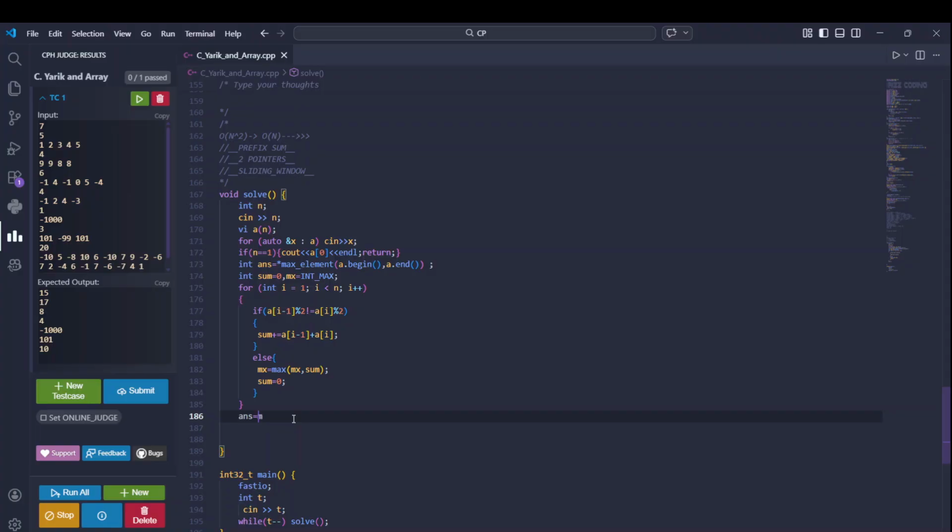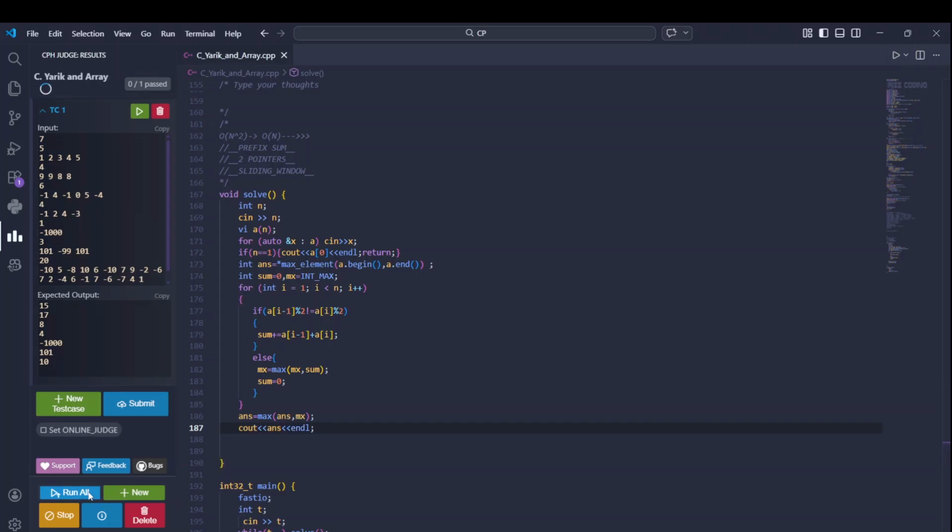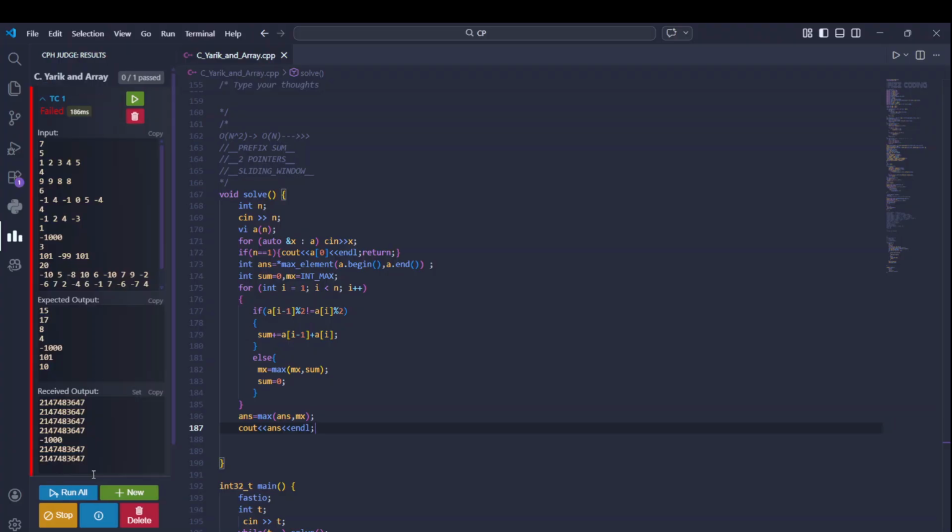Answer equal to maximum of answer comma mx. cout answer. I don't know, it will not work or not. It should not work because obviously, why into it.